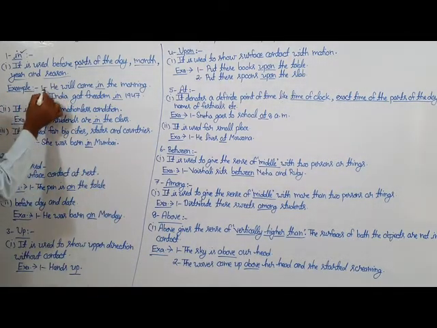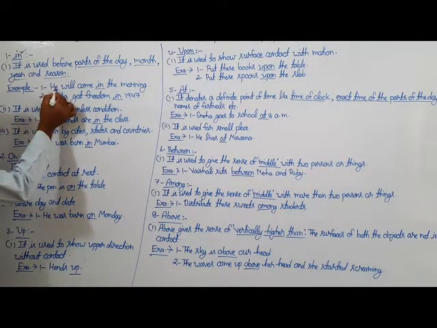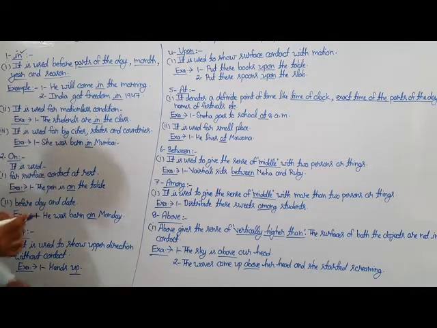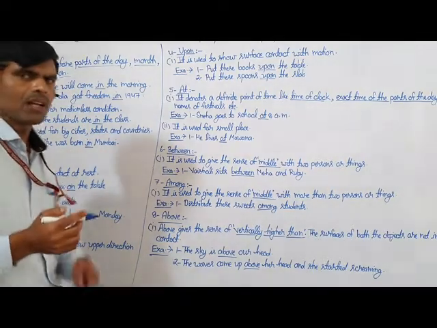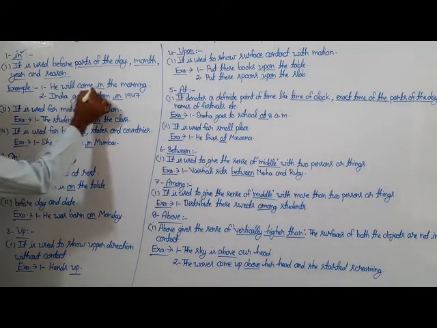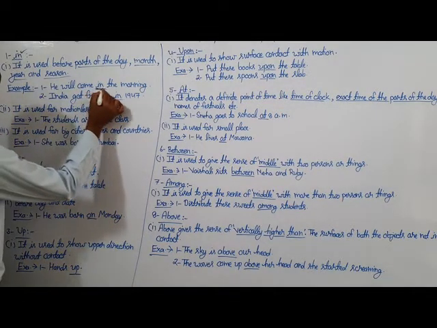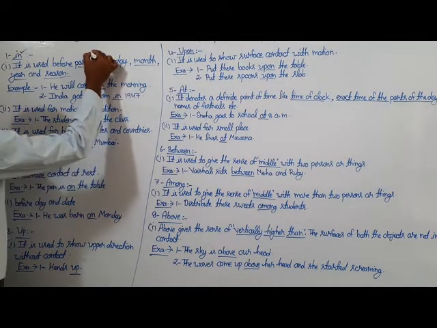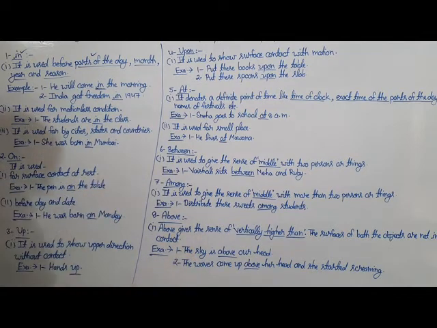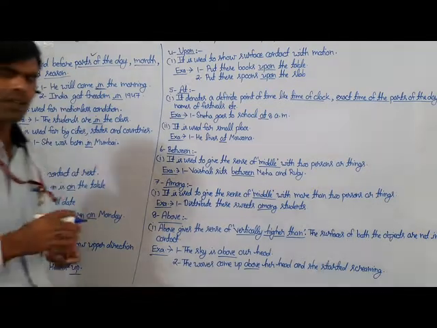To know more about this rule, we have to see some important examples. The first example is: He will come in the morning. Here the underlined word in is a preposition which is used to show a part of the day, the morning. The second example is: India got freedom in 1947.